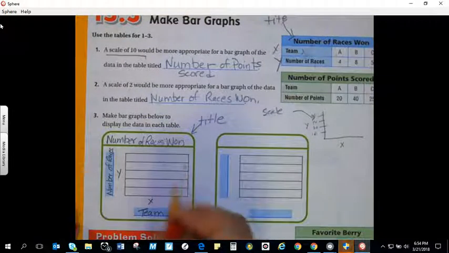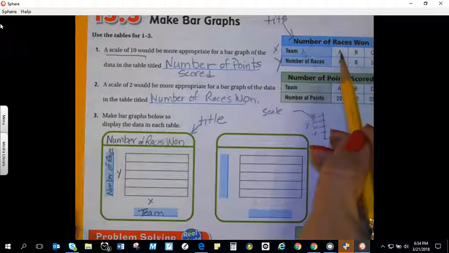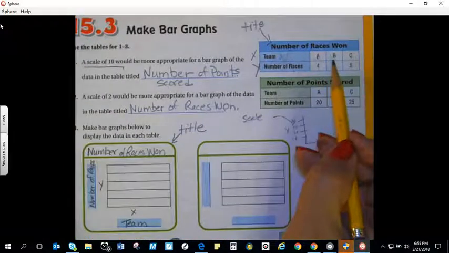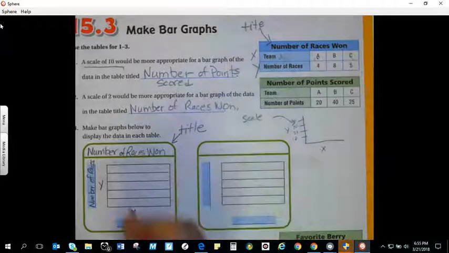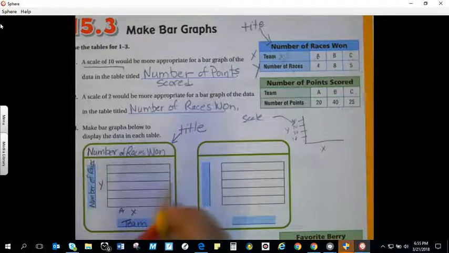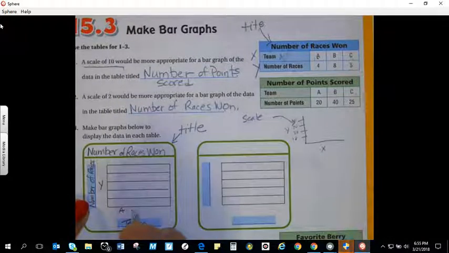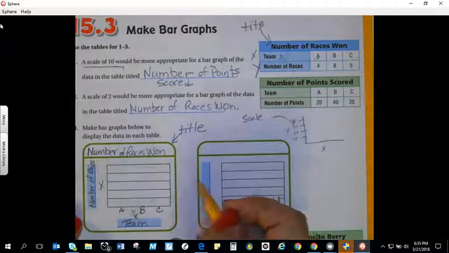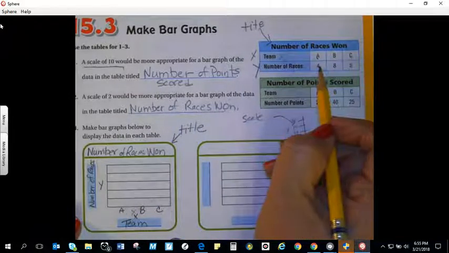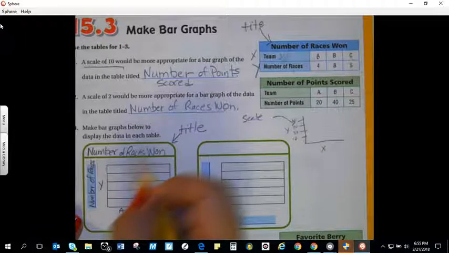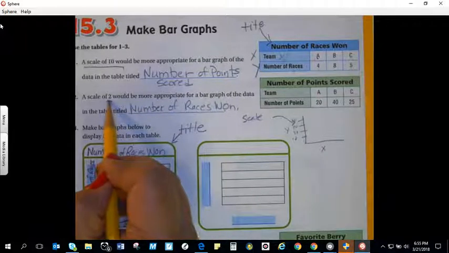All right. So how many teams do we have? 1, 2, and 3. So for team A, and I'm going to move this down a bit. Team B and team C. Okay. So for team A, oh, we needed to number this one here, and we said it would be best to number it by skip counting by twos.